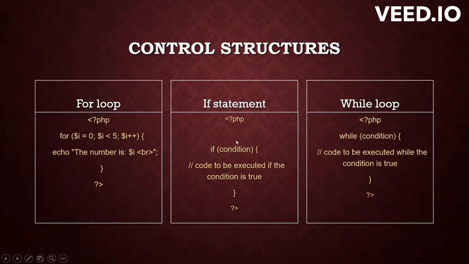And then the if statement: in an if statement a condition is given under brackets, and according to this condition the if block runs. And the next is the while loop. While is similar to the if, but here also a condition is given, and then a loop is run.